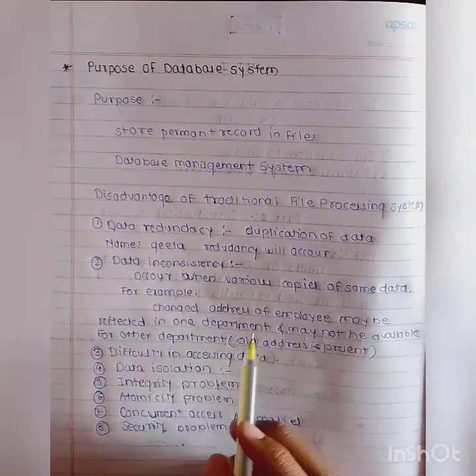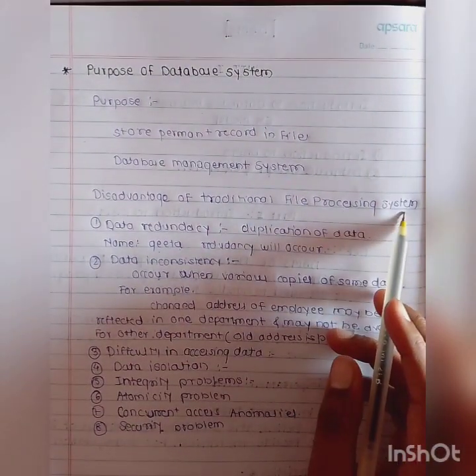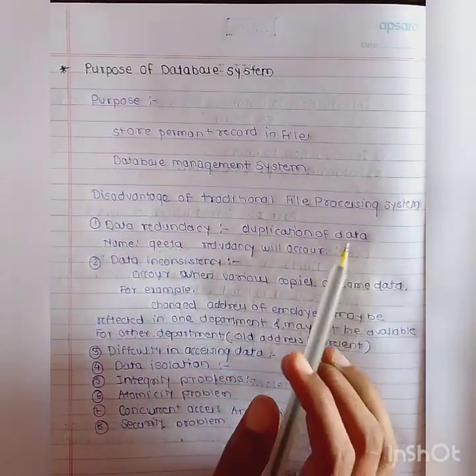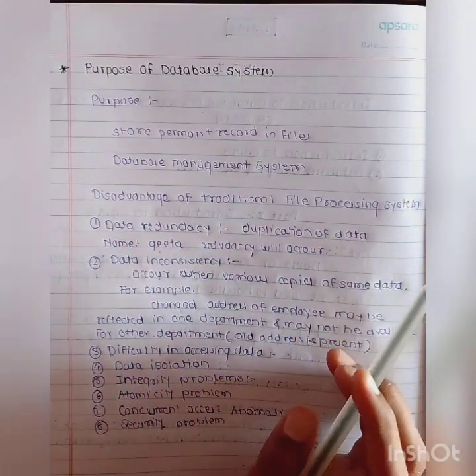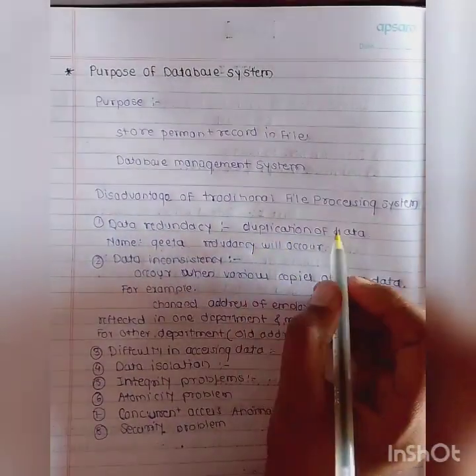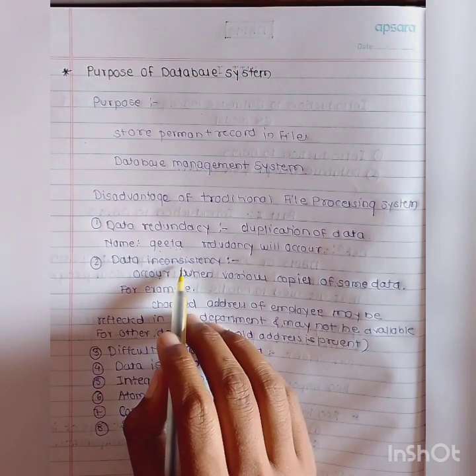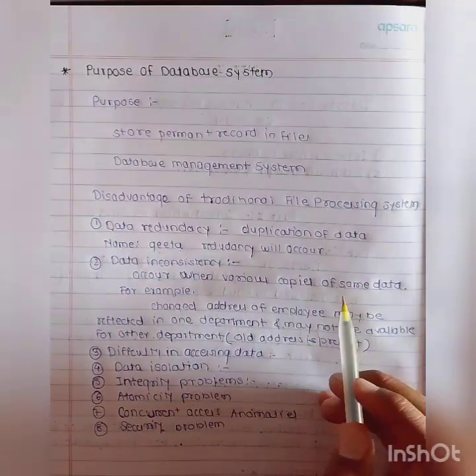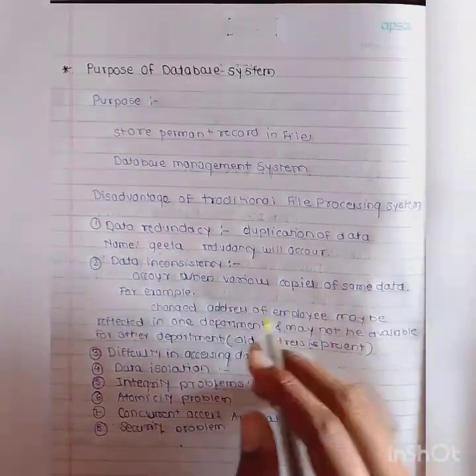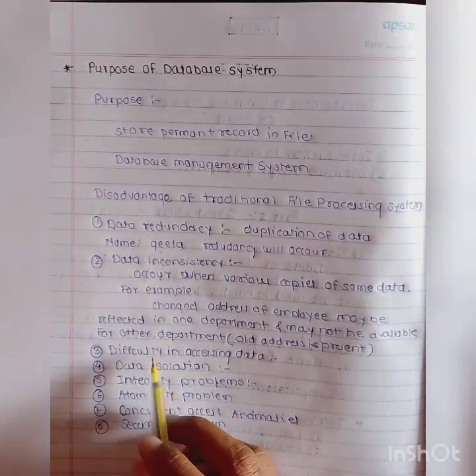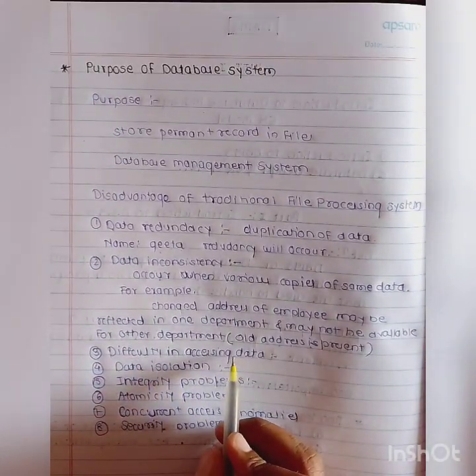So these are the eight disadvantages of a traditional file system. The first one is data redundancy, meaning duplication of data occurs in some data formats or data tables. Data inconsistency occurs when copies of the same data are not matched across two departments, for example employee data. Third is difficulty in accessing data.